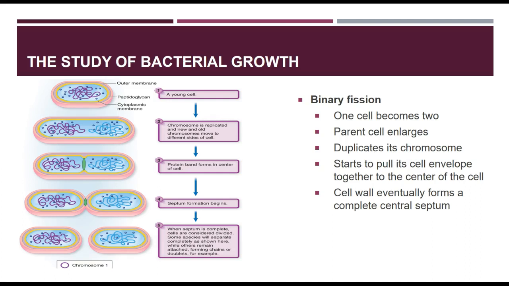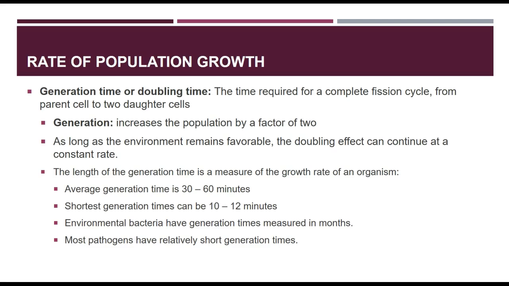The replication here is really very simple, and this is a process used by all bacteria to reproduce more cells. Because it is so simple and it basically is just the cell pinching in half, doubling time for microorganisms is relatively fast.